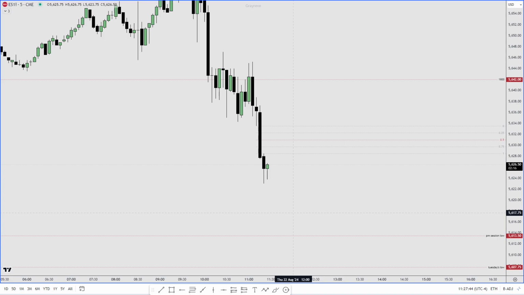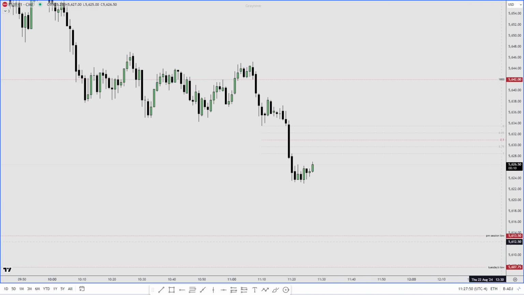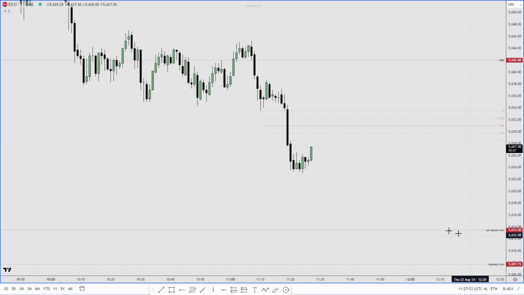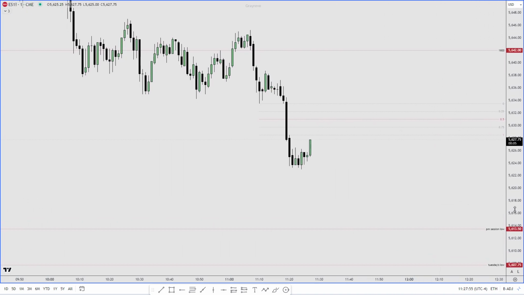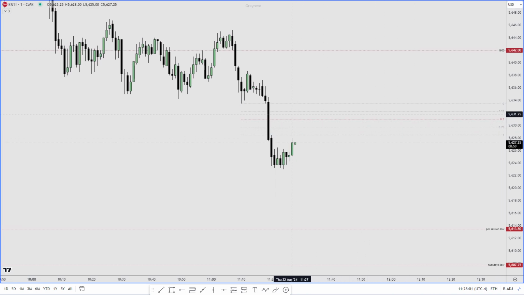Okay, let's see. 5 minutes, do 1 minute. Okay, so very easy here. What I'm trying to do is wait for a 1 minute candle to trade into this area level here, and then see if there's any stop hunts.